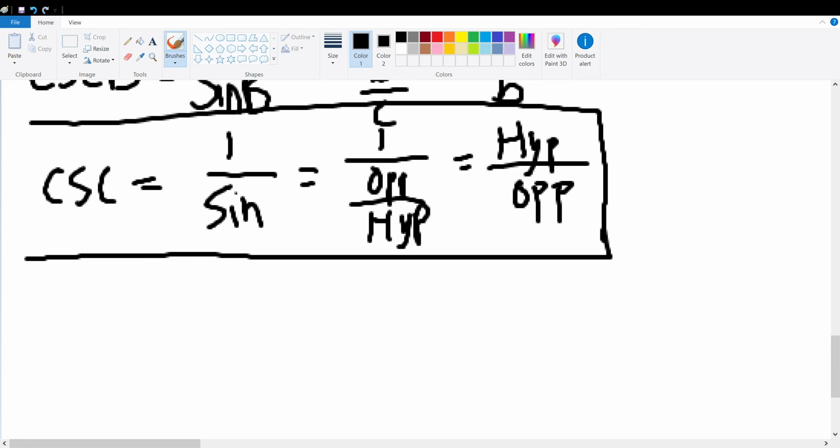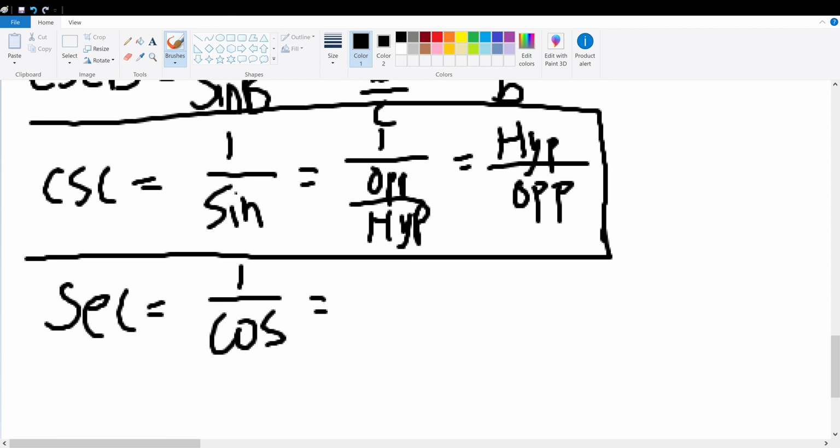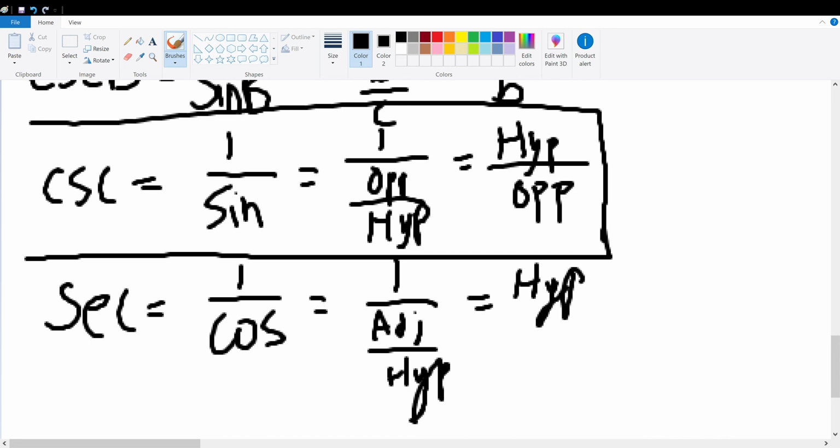So, next up, let's move on to secant. Secant is equal to 1 over cosine, whose definition is adjacent over hypotenuse, which is equal to hypotenuse over adjacent.